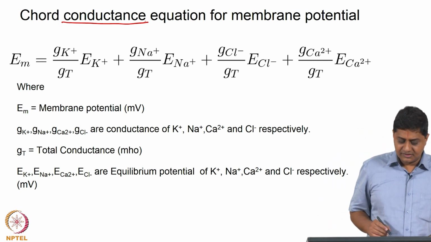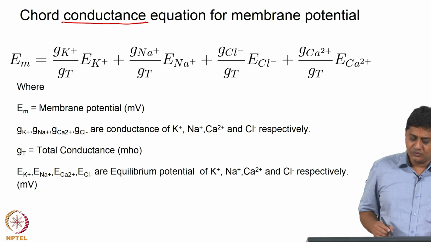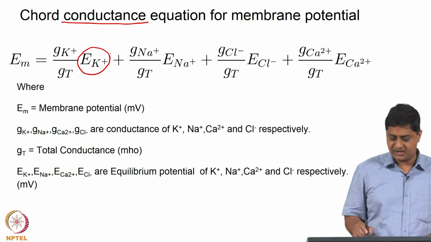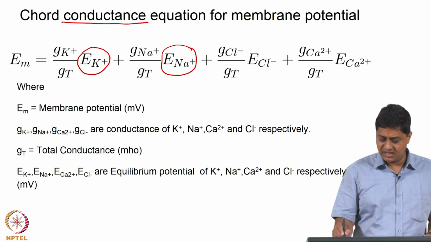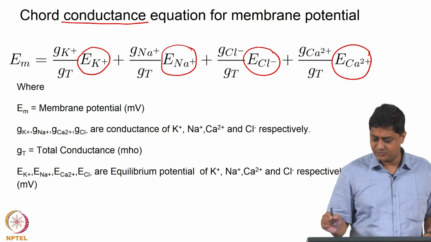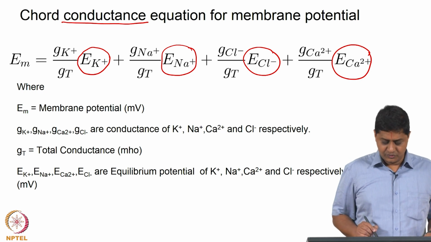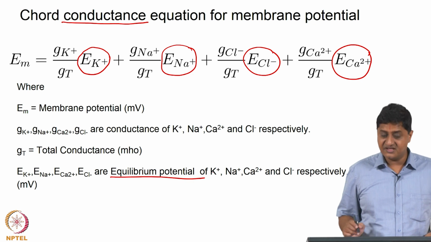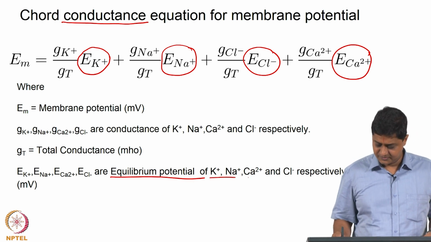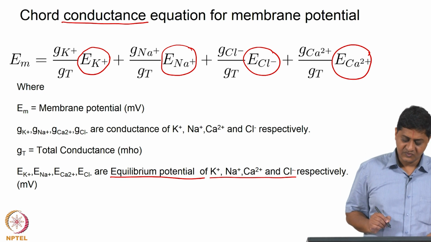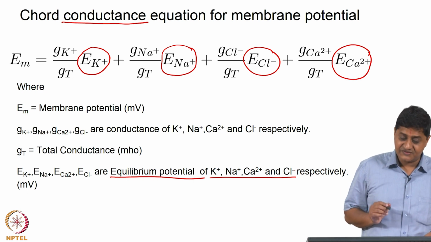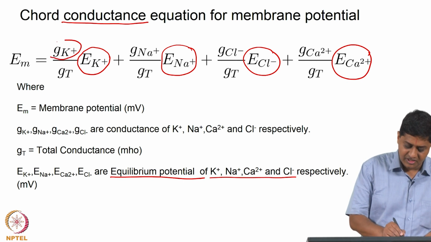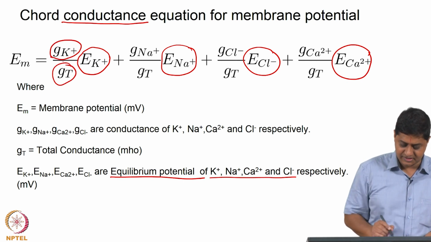Here the Chord conductance equation attempts to weight the equilibrium potential for each ion. So, here E_Na, E_K, E_Cl and E_Ca2+ refer to the equilibrium potential or Nernst potential of these individual ions, right. This value is weighted by the contribution, relative contribution of their conductance to the total conductance.